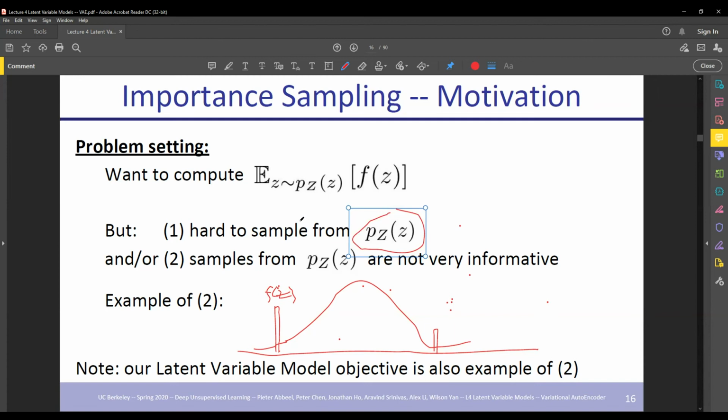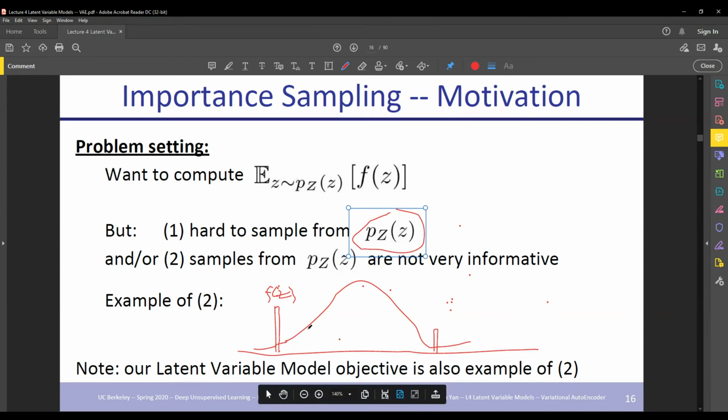But he says there are two fundamental problems with this approach. One is p of z, if we didn't choose the distribution appropriately, could be hard to sample from. Currently, at least, we don't have that problem because we've chosen a Gaussian, which means we can sample from it fairly easily. But we have the second problem, which is that the samples from p of z are not very informative. Here is an example: let's assume that f of z puts these at these values.